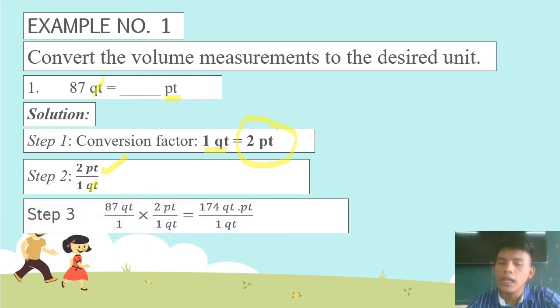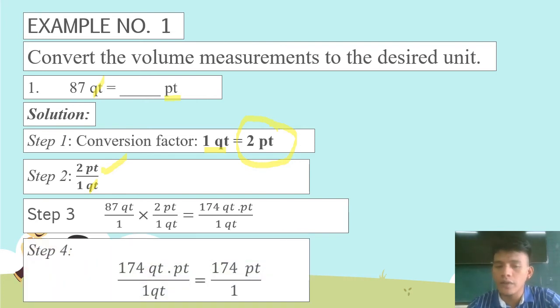Step 3. 87 quarts over 1 times 2 pints over 1 quart is equal to 87 times 2, and that is 174 quart pints. 1 times 1 quart is equal to 1 quart. We will do the cancellation of units.